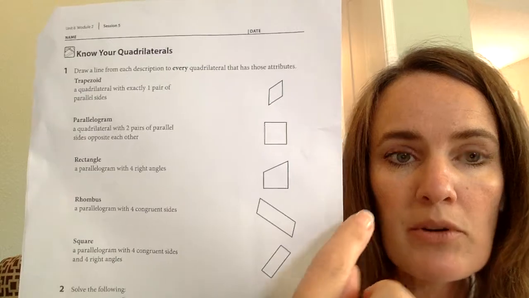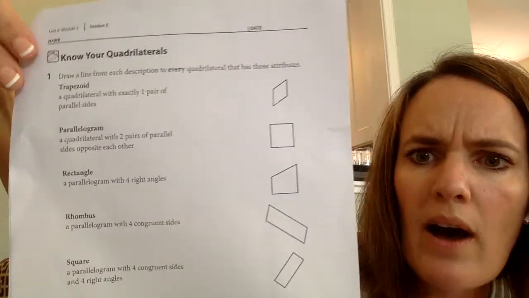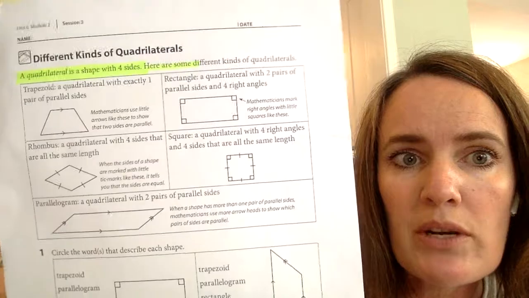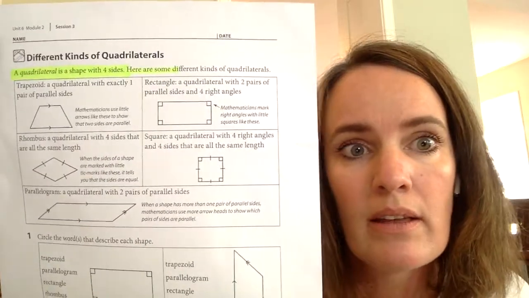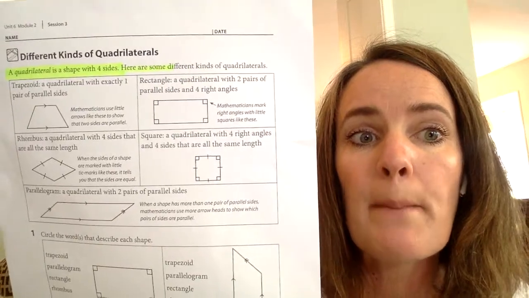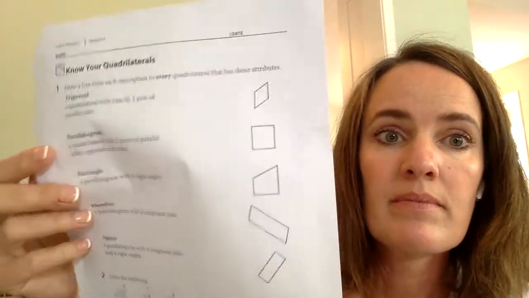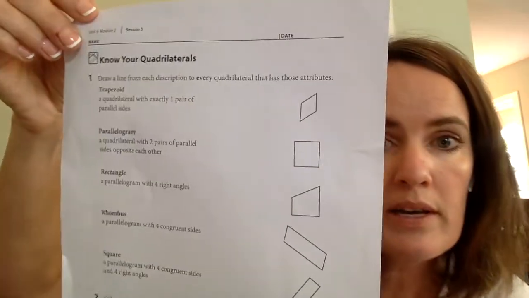Okay, so I'm going to start up here with this first one, a trapezoid. A trapezoid, oh, I forgot. Let me go back to the first page. What's a trapezoid? Would you read it with me? A quadrilateral with exactly 1 pair of parallel sides. 1 pair.